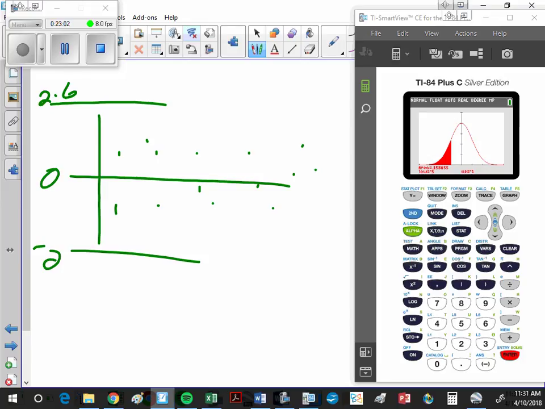Close. It's not 5. It's actually 2.5. Right? So 95% of the people should be within 2 SEs. How many will be above 2 SEs? 5%. Or sorry, half of 5%, 2.5.